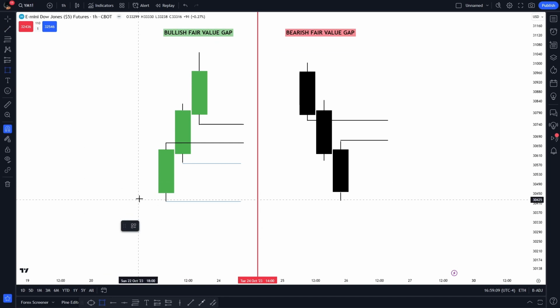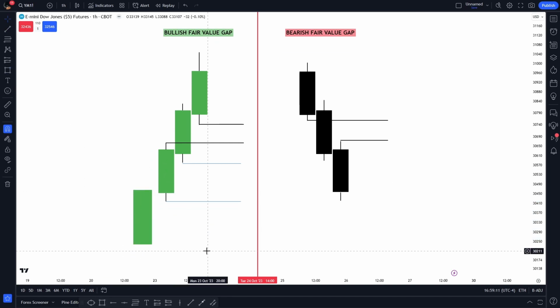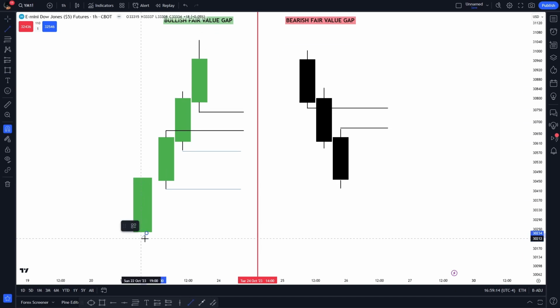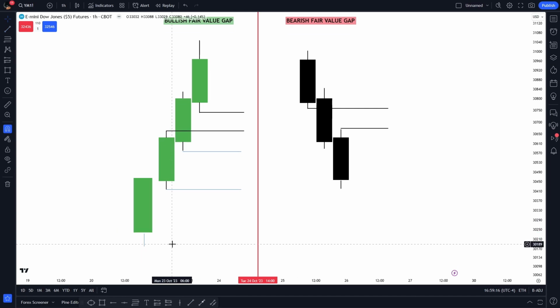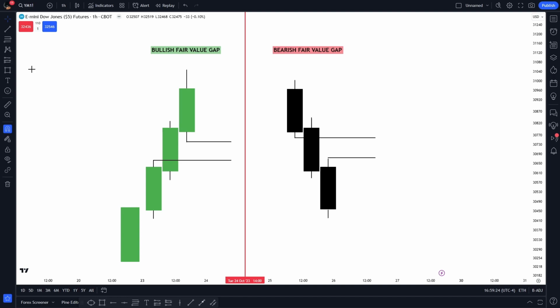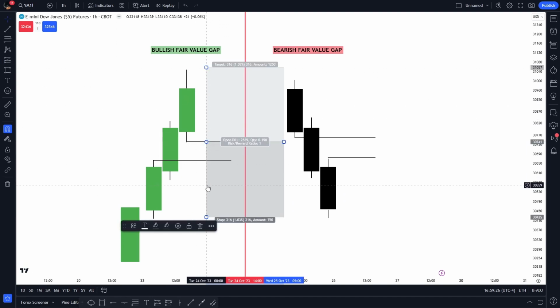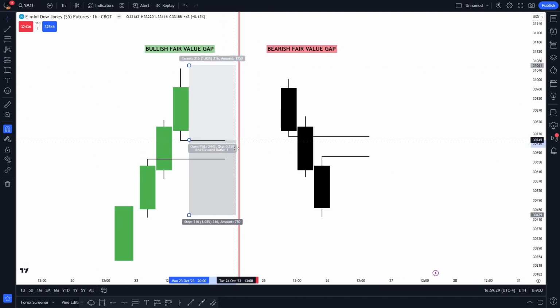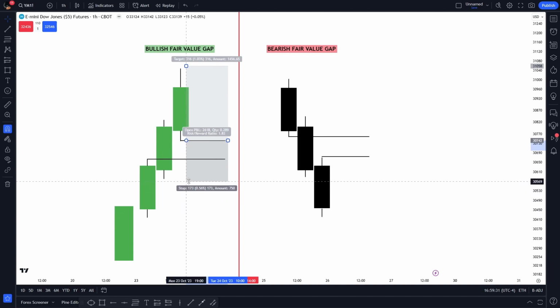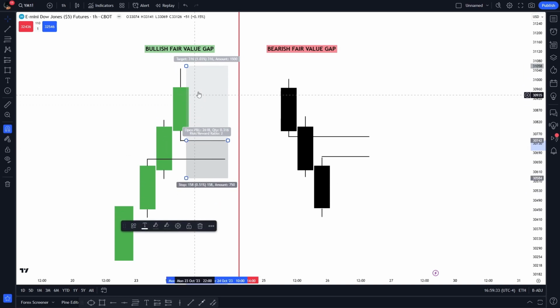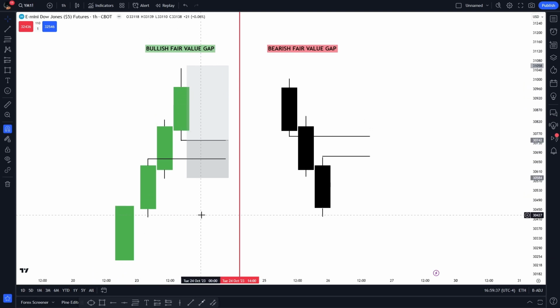If there's a low further down, maybe there was a low down here, you could also place your stop here. However, that would make it worse RR or make it a longer trade. And then you would target a 1 to 2. So it would look like this. You would place your entry off of this fair value gap right here, maybe your stop here, and then a 1 to 2 risk to reward, which would be this right here, right?